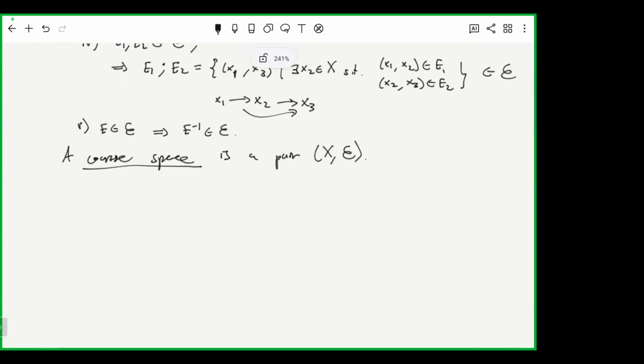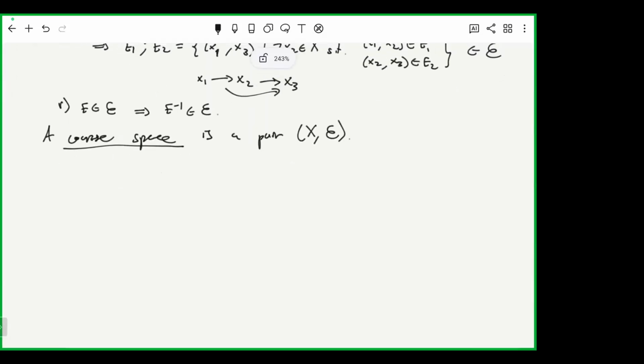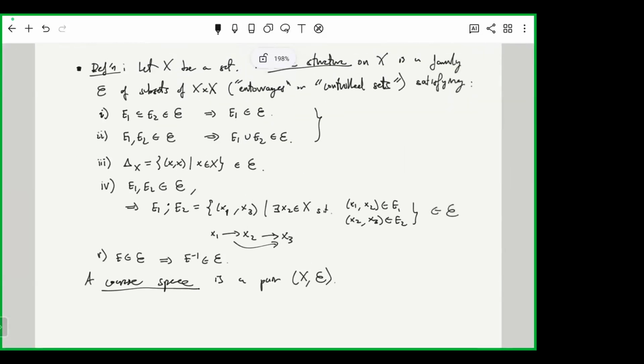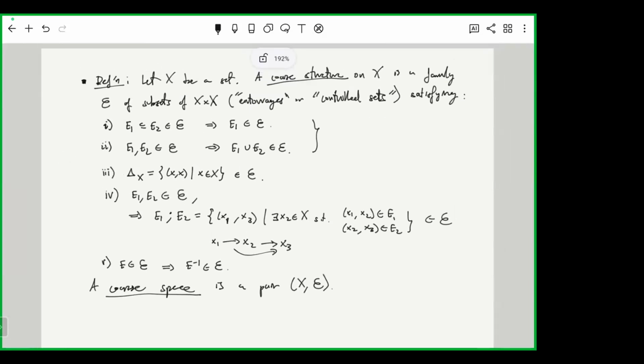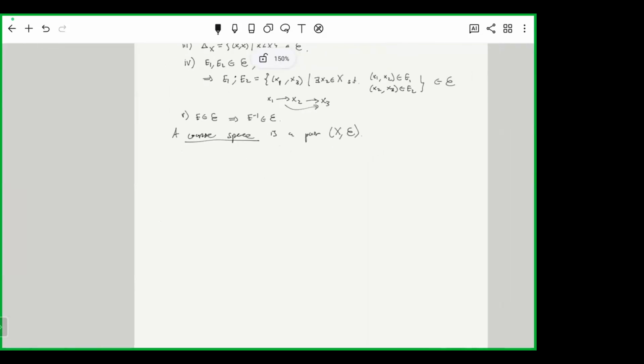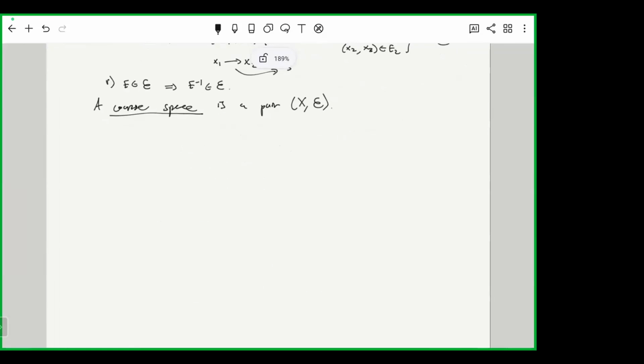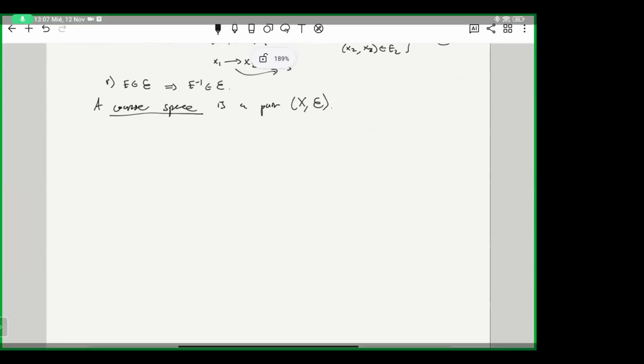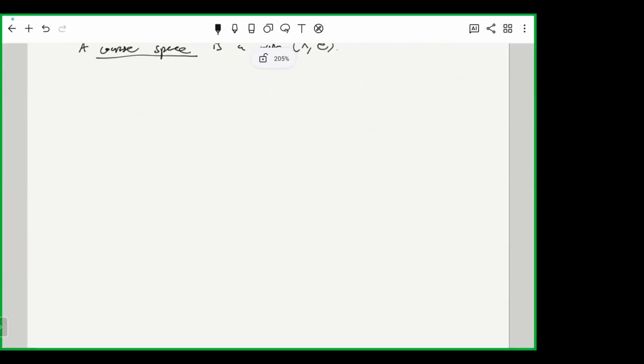It's just a set endowed with a coarse structure. So I think some examples are in order. The first one is the coarse structure of a metric space. So here are some examples.